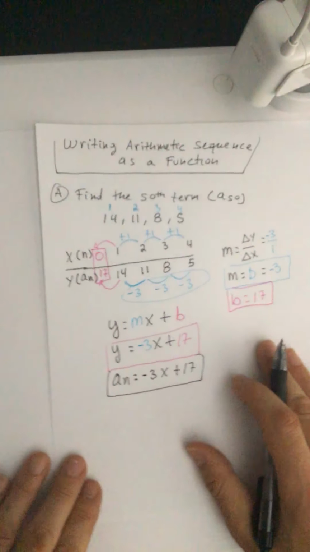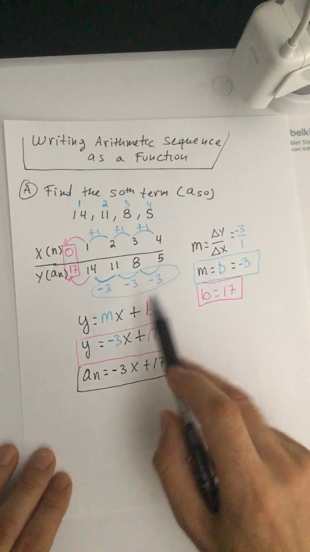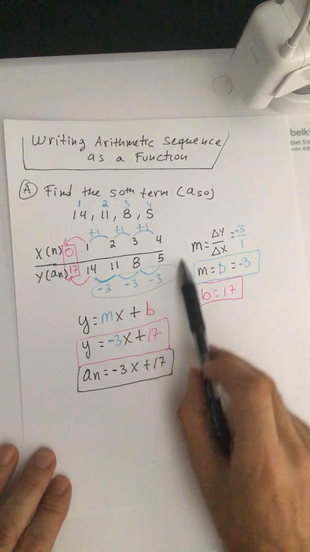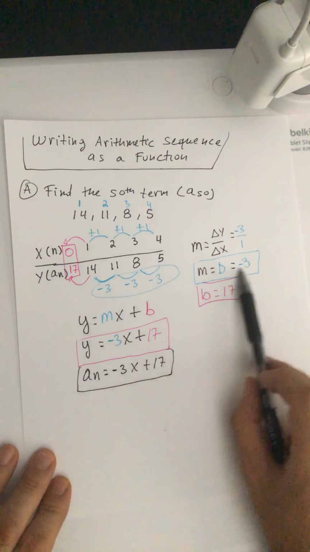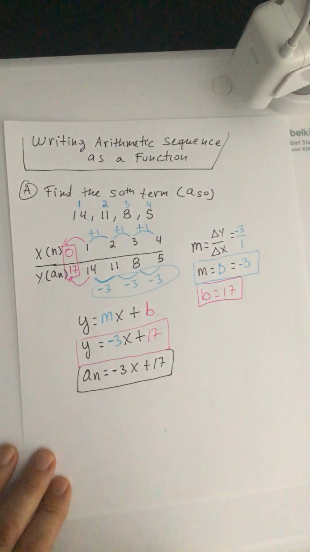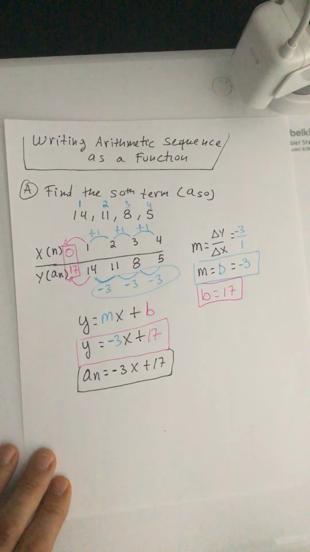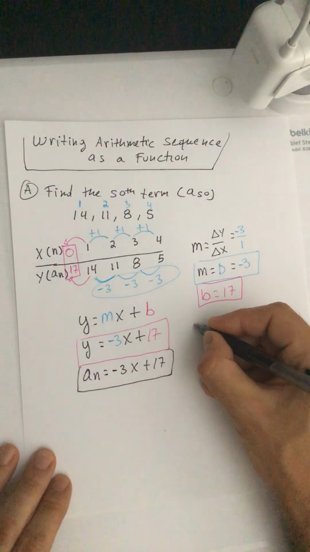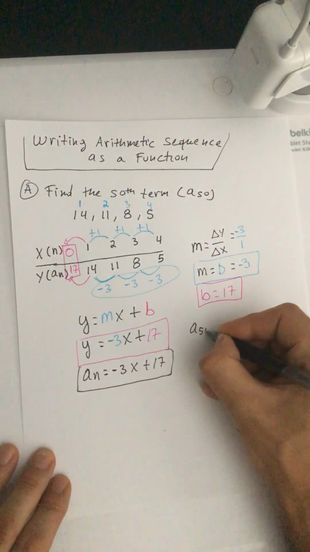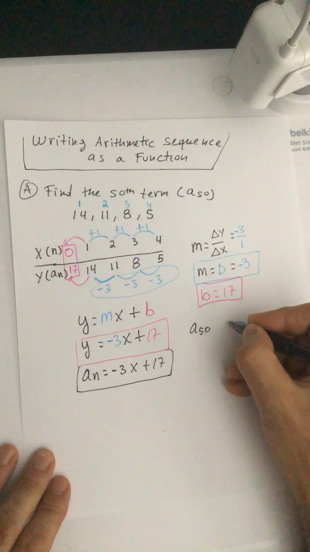Now, how do we find out the 50th term? Sorry about that. Basically, instead of subtracting 3 until you get to 50, we can plug in a 50 for the x, because the x is the position, and then we can solve that and get what we want. So we're looking for a of 50. It's a function, right? We're going to be plugging 50 into the x.